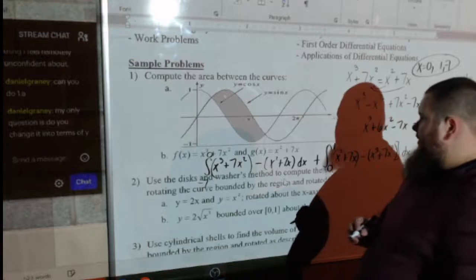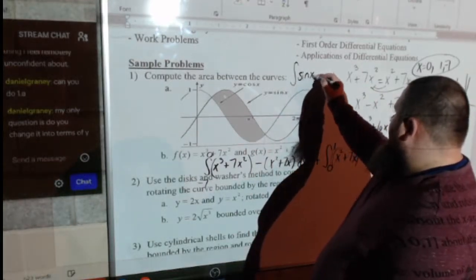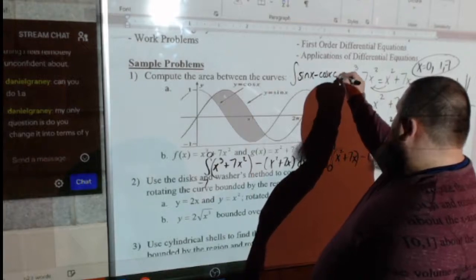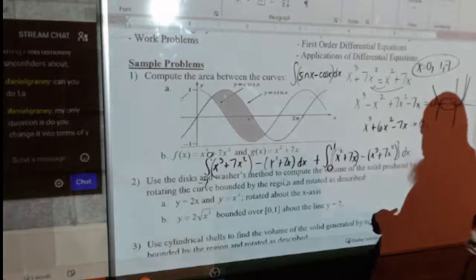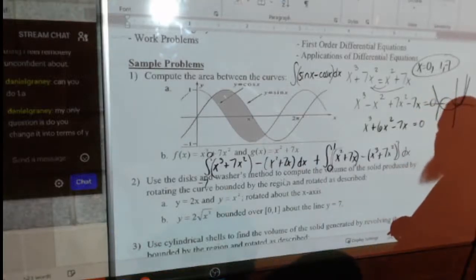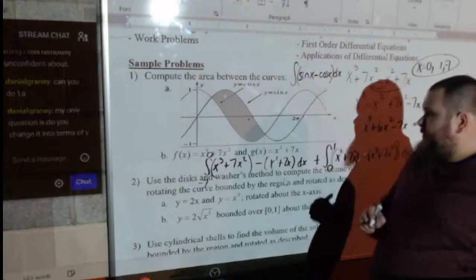You can just do, up here, this would be the integral of sine x minus cosine x. And then you would just need to find your bounds.